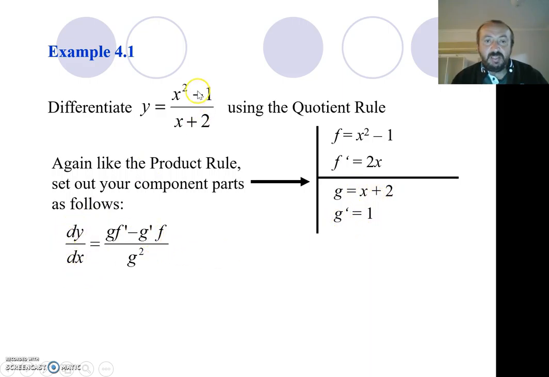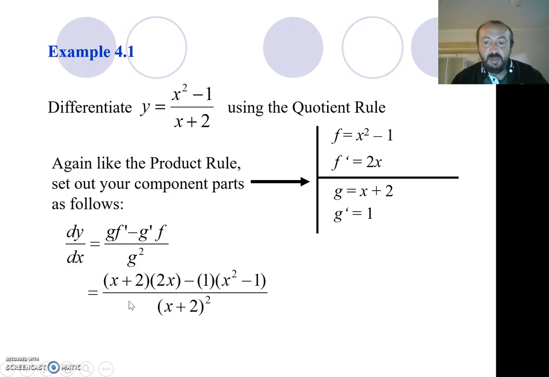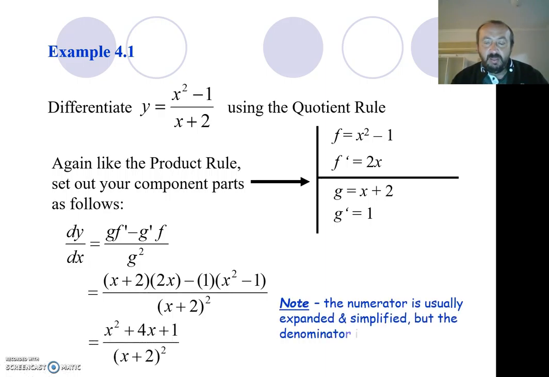So dy by dx of this entire function is going to be g times f dash, take g dash times f, over g squared. That comes to all of that, and it simplifies down to that. Have a go at that and make sure you get that yourself.